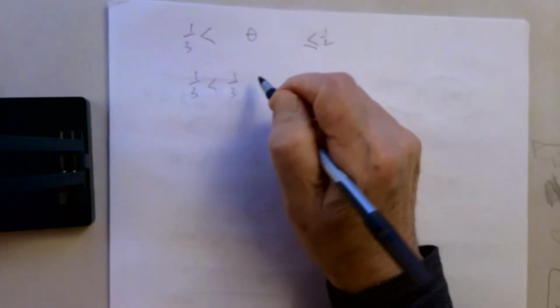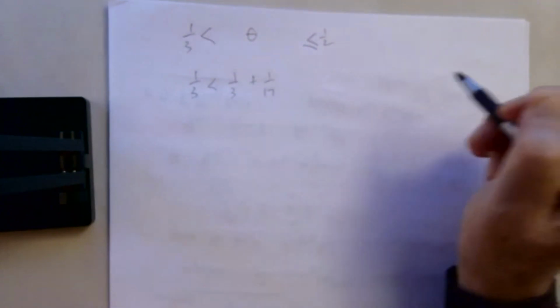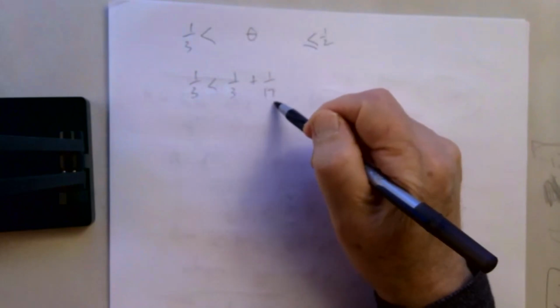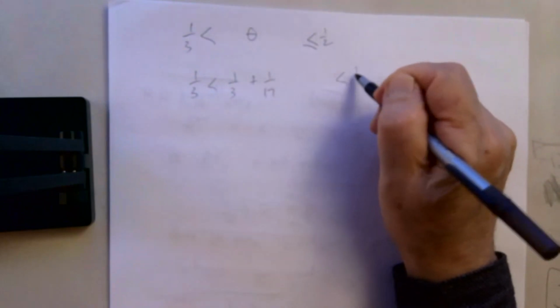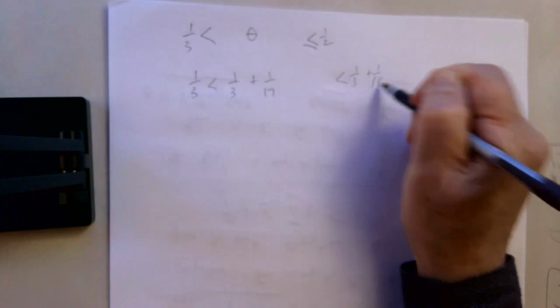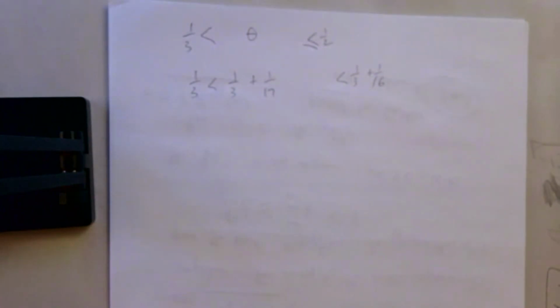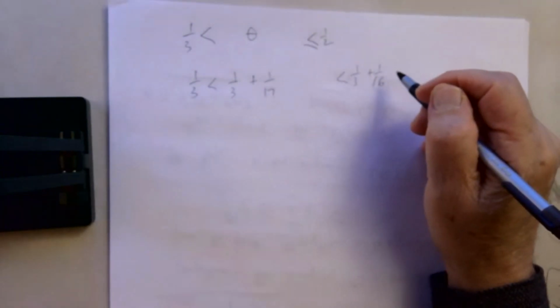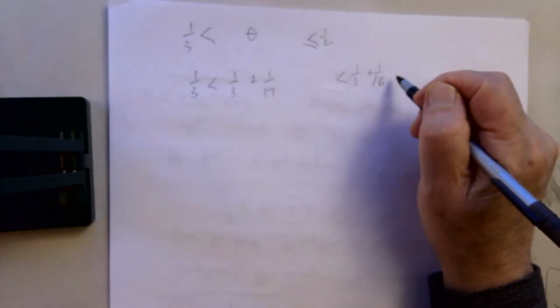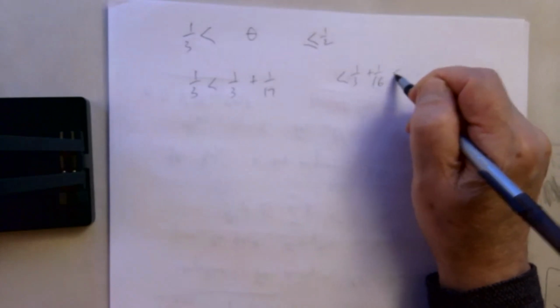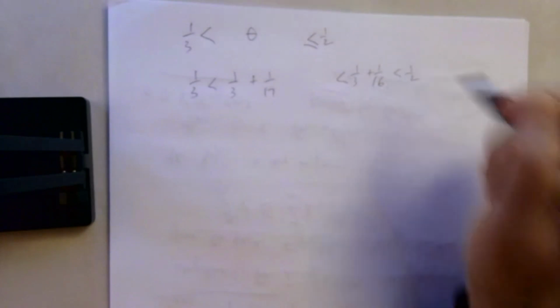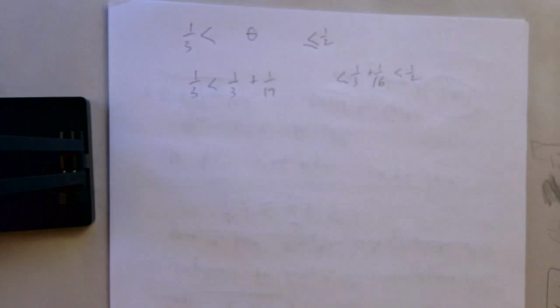Let me guess a number. I'll try 1/17. Now, a third plus 1/17 is less than a third plus 1/16. I think everyone will, I hope, grant me that. And a third plus 1/16, that's less than a half, right?